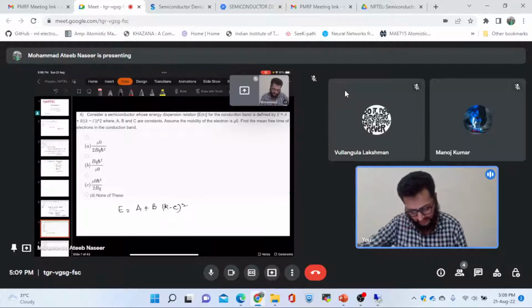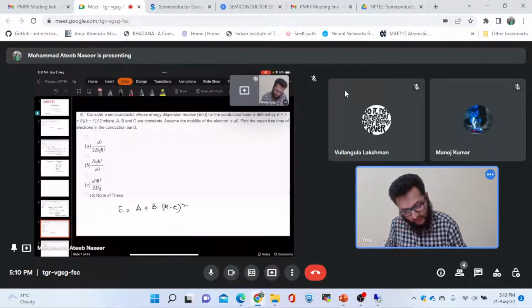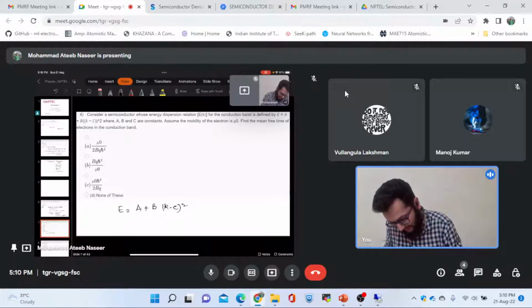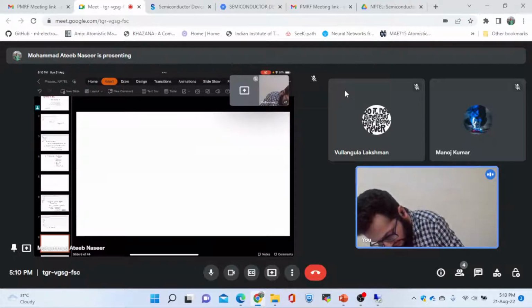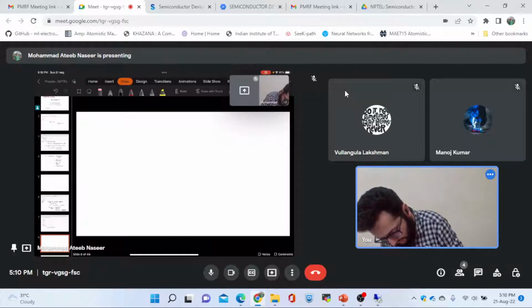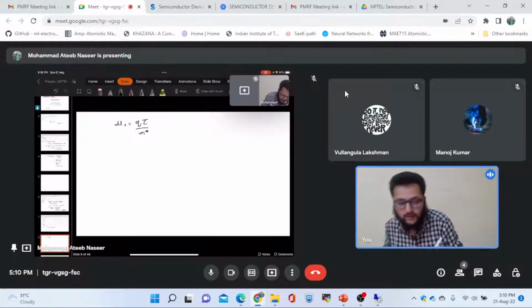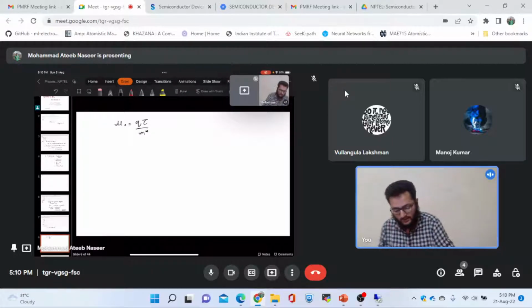We know that this mean free time can be related to the mobility by a simple relation. Mobility mu naught is equal to q tau by m star, where this m star will be the effective mass in the conduction band.